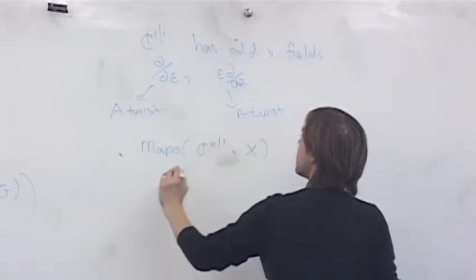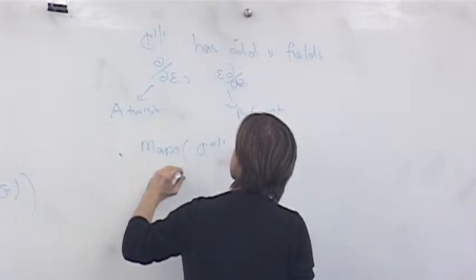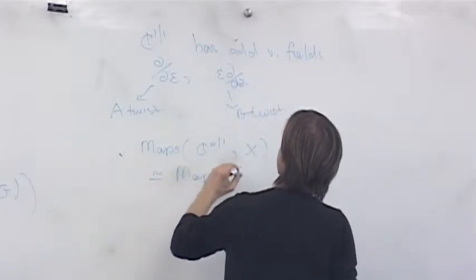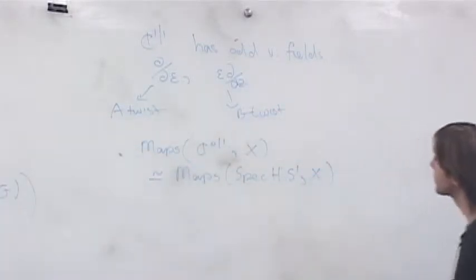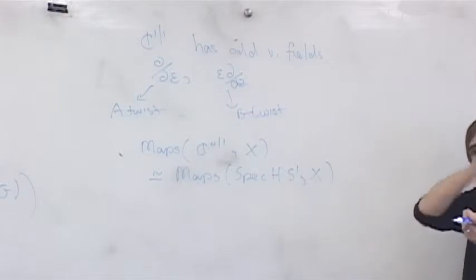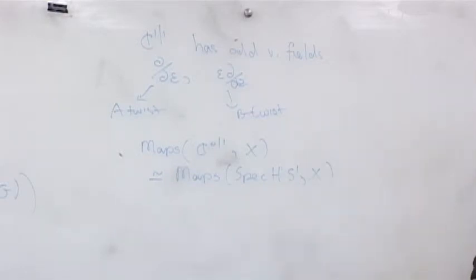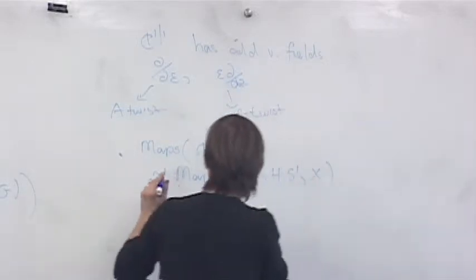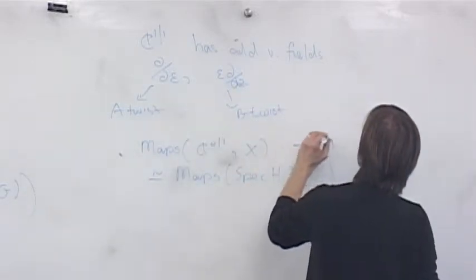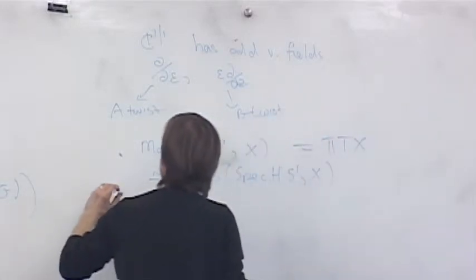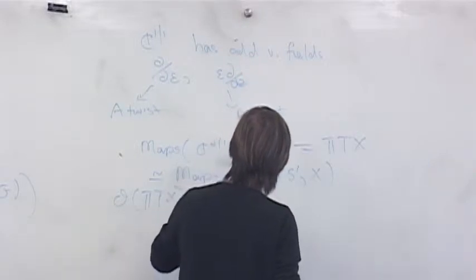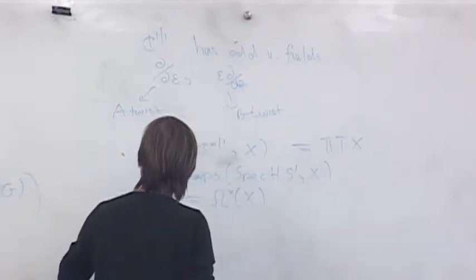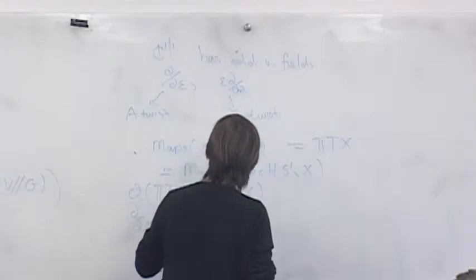For any X, this is more or less the same as maps from the spectrum of the cohomology of S^1 to X. So it's really these topological loop spaces that David and friends like. But the point is, functions on this shifted tangent bundle are differential forms on X, and this d by d epsilon becomes the de Rham differential.